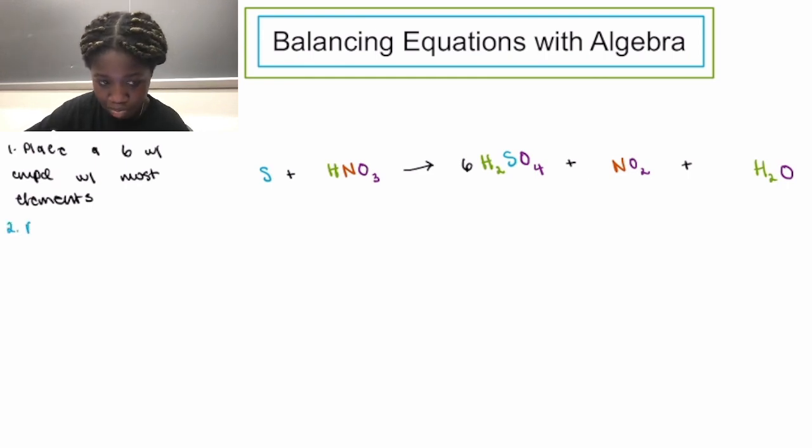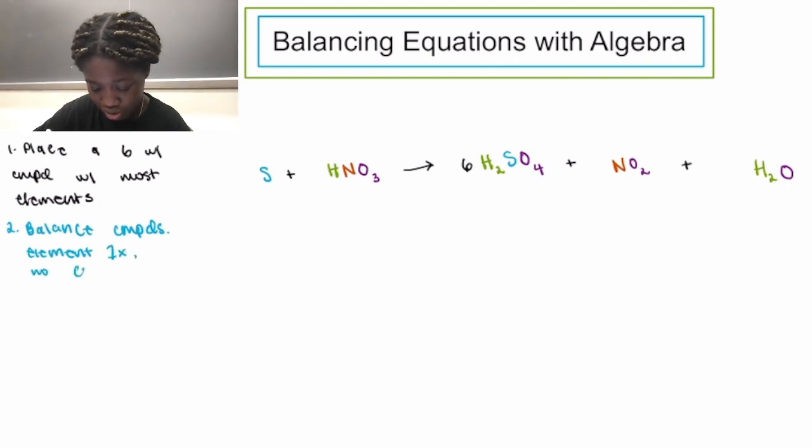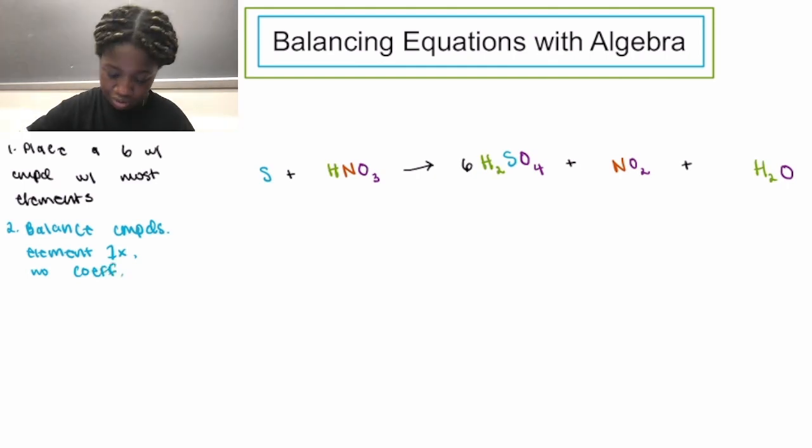Next, we want to balance for compounds that have an element that appears one time and the compound has no coefficient. So if we're looking in this equation, sulfur appears only one more time and it has no coefficient, so we can balance for it.